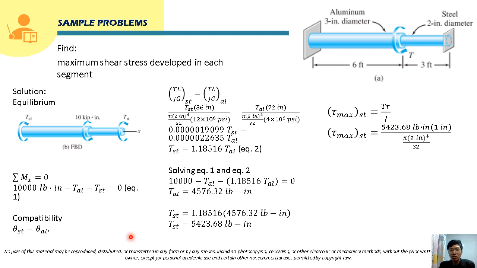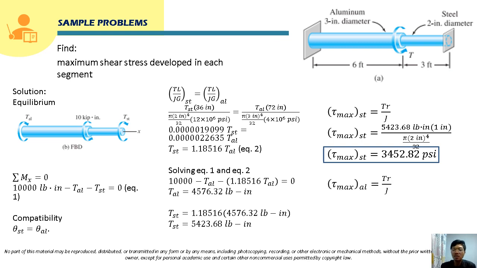And the radius, the diameter is 2 divided by 2, so that will be 1 inch for the radius, over the polar moment of inertia, pi times the diameter of 2 inch to the fourth over 32. So solving for this, class, this will now be the maximum shear stress in the steel segment, which is 3,452.82 psi. So this will now be the answer for that.